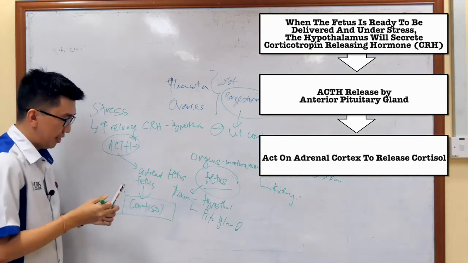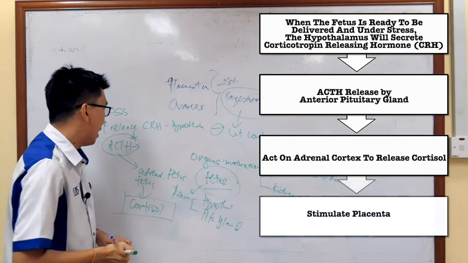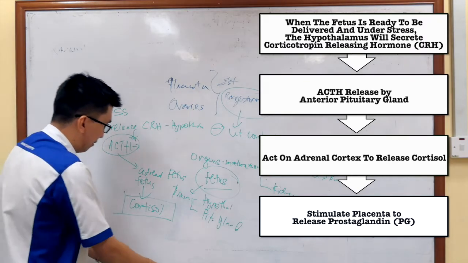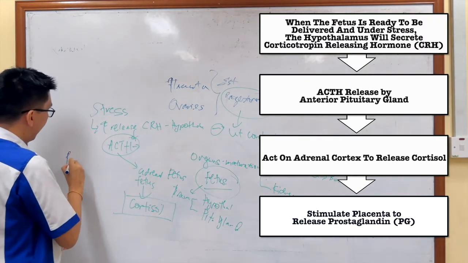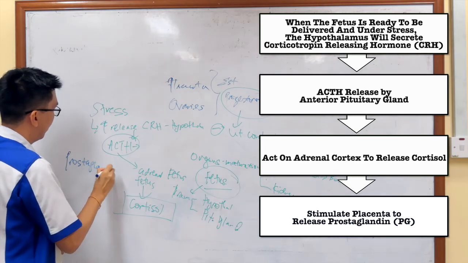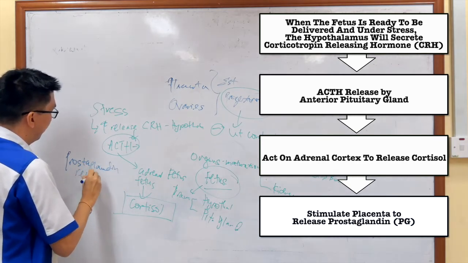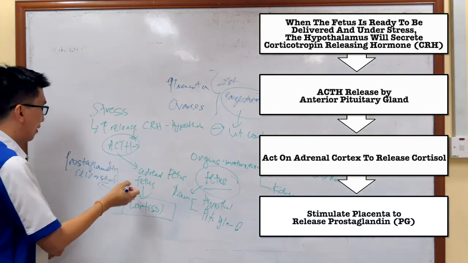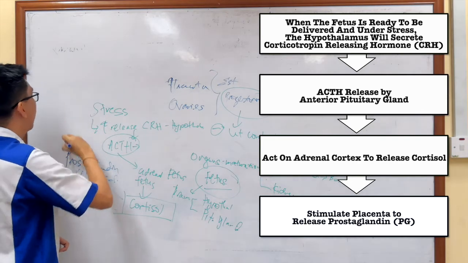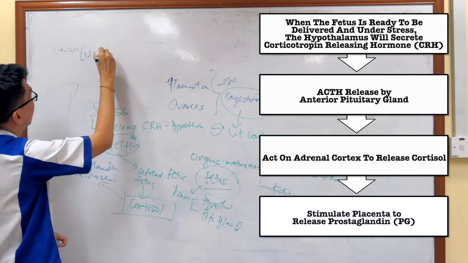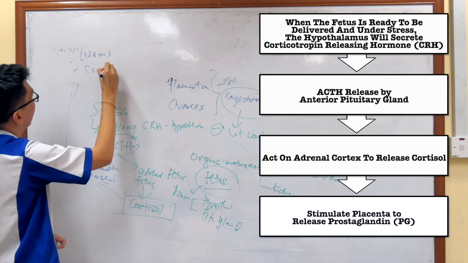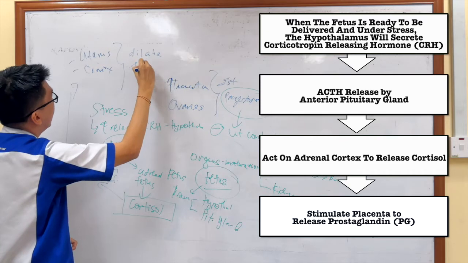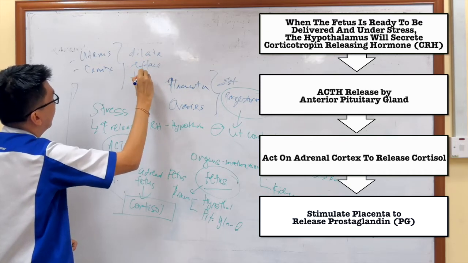The function of this cortisol in pregnancy is that it will stimulate the release of prostaglandin. Prostaglandin will be released from the fetus, which will then stimulate the uterus and the cervix to progressively dilate, efface, and thin.